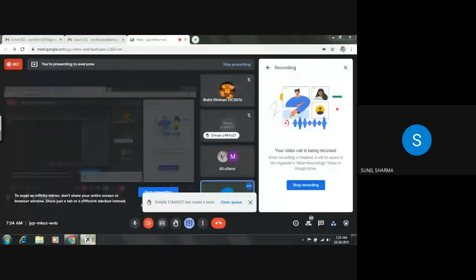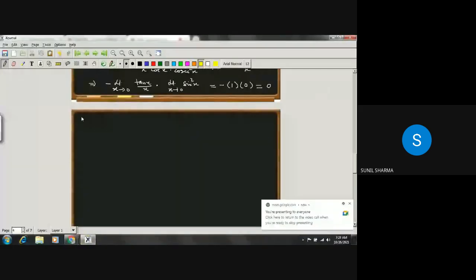Next is limit x goes to 0 positive of log of sin 2x base sin x. X is greater than 0, right?